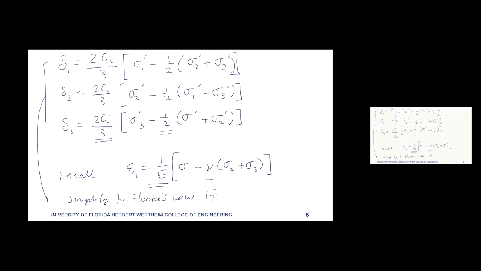If we come up with a plastic modulus, if they call it a modulus of plasticity, so we'll say D is equal to 3 over 2 times that constant, and the Poisson ratio is equal to 1/2. So D is our instantaneous modulus of plasticity.